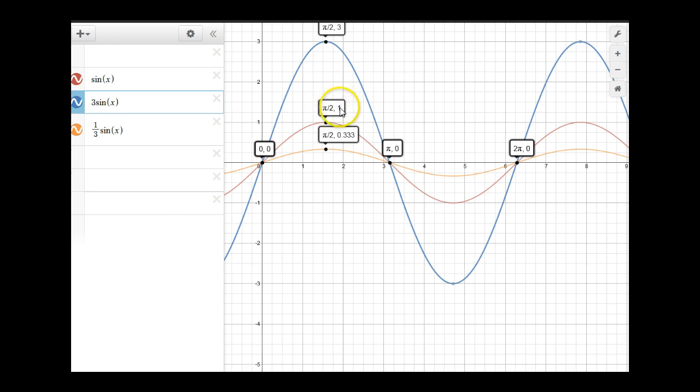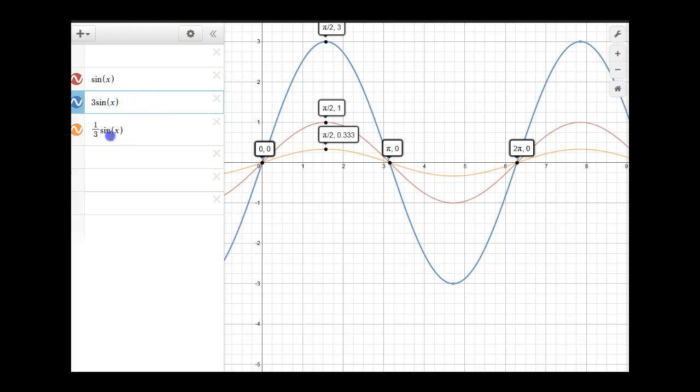So this 1 gets multiplied by a factor of 3, okay? So everything gets stretched out with the 3 in front, a number that's greater than 1. And now we're talking about a vertical stretch, and everything that's between 0 and 1 gets squished, okay?